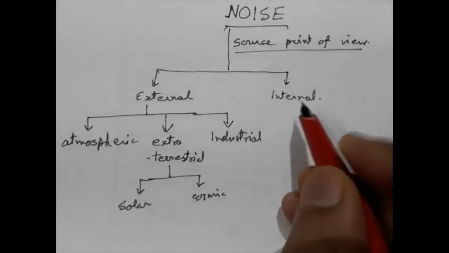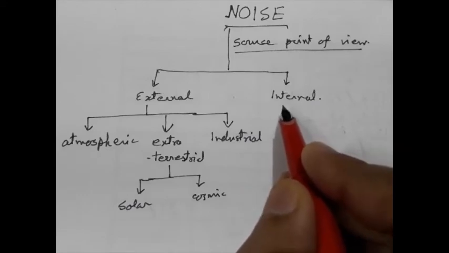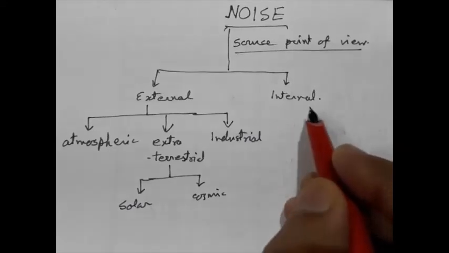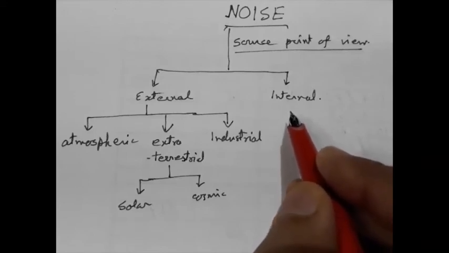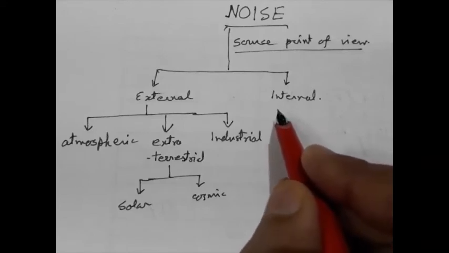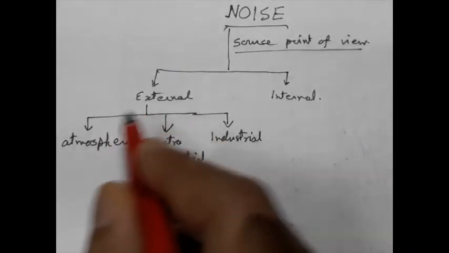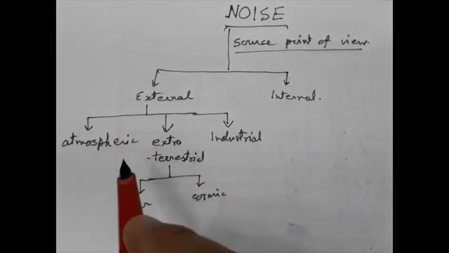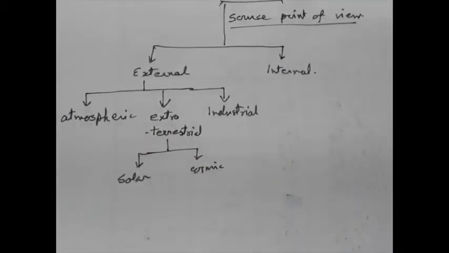We will discuss internal noise later on. Internal noise may be partitioned into shot noise, thermal noise, and there are various other noises present as internal noise. So we will discuss it later on. First, let us try to understand external noise. We will discuss all these things very briefly.